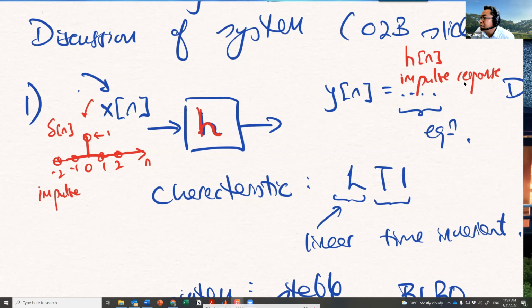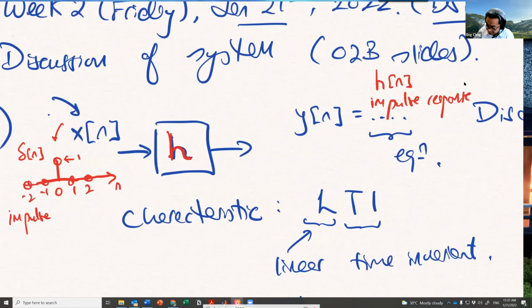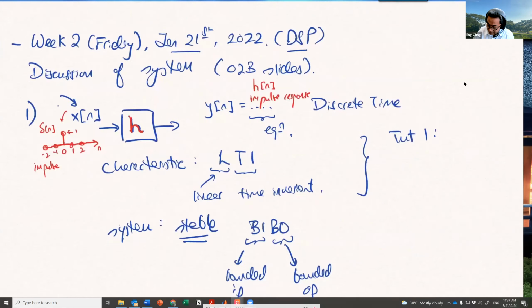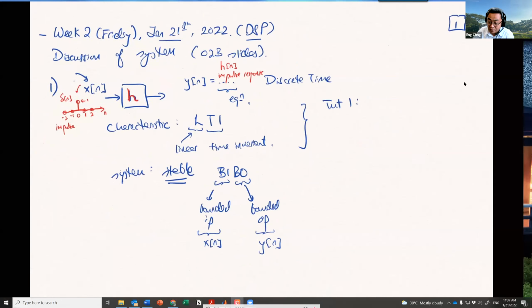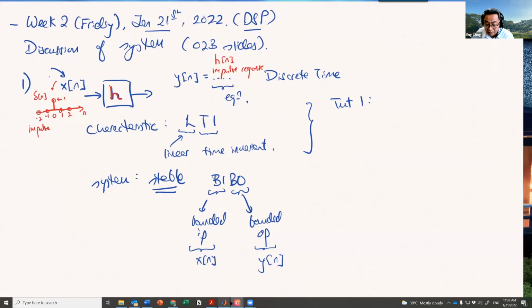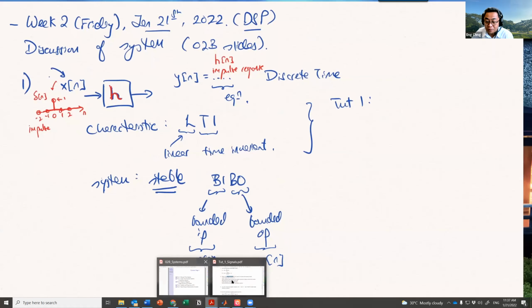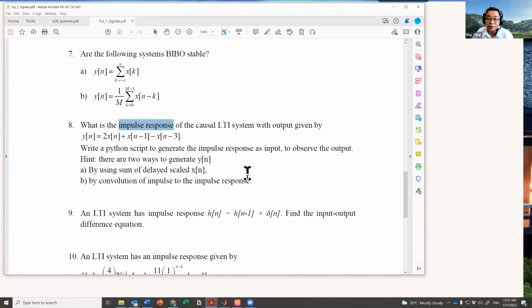It is the important sequence, because with the impulse response, we can do everything else, which is calculating output for different inputs. All right, so you realize that tutorial 1 is doing nothing but telling you all these important words.